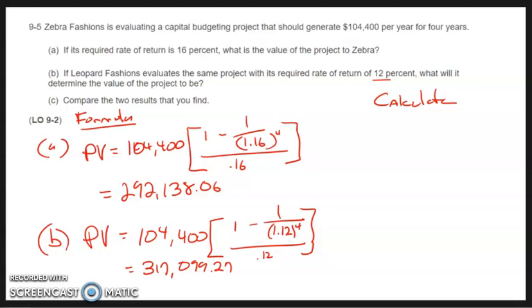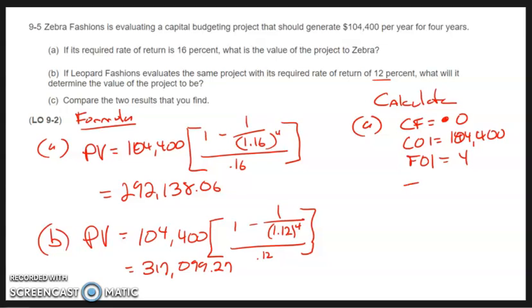So on your calculator, go to the cash flow function, second cash flow, second clear, so CF0 is going to be 0. C01 is 104,400, and F01 is the frequency, how many times it occurs, 4.